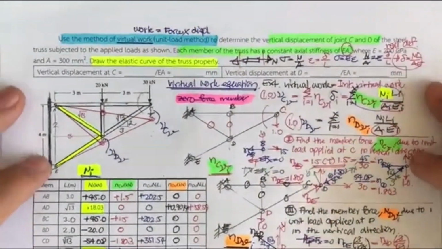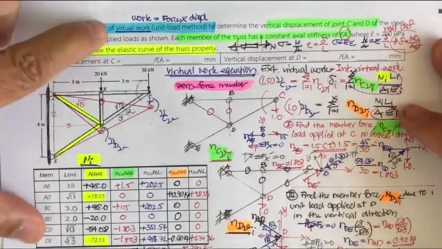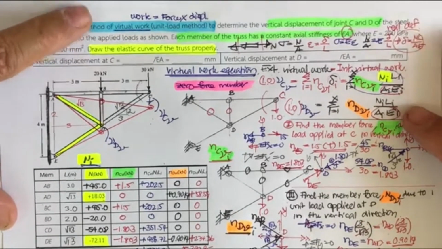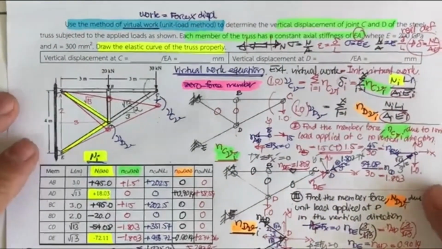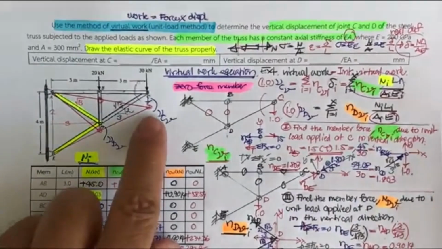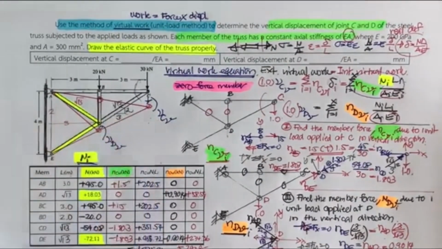The unit load method is very versatile. It can be used to determine the deflection of the truss, of the beam, of the frame, but only at some specific point. So you need to use some judgment to decide which point is going to have the largest deformation.